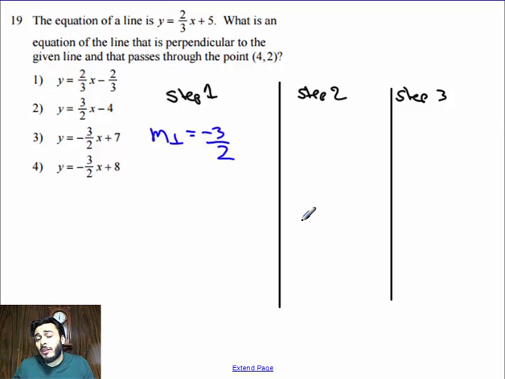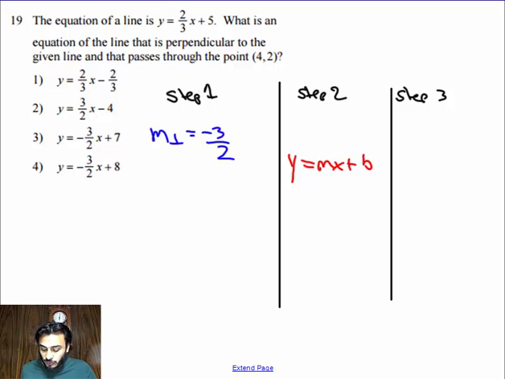The second step is to solve for the y-intercept of the perpendicular line that we're looking for. And the way we do that is by substituting into y = mx + b.